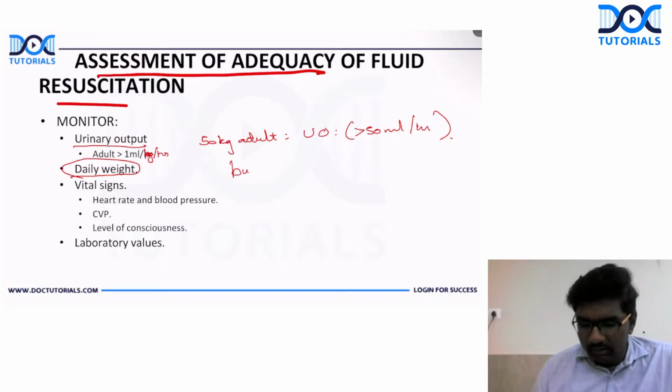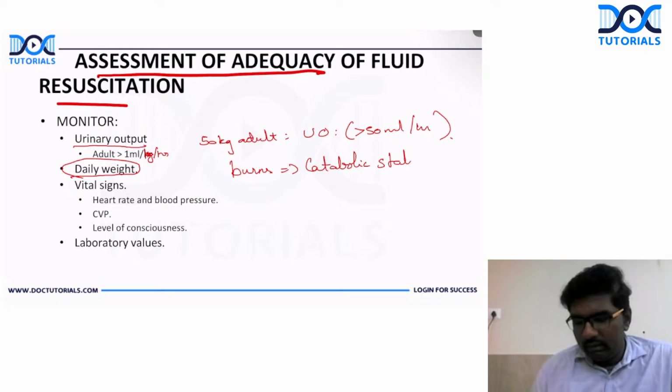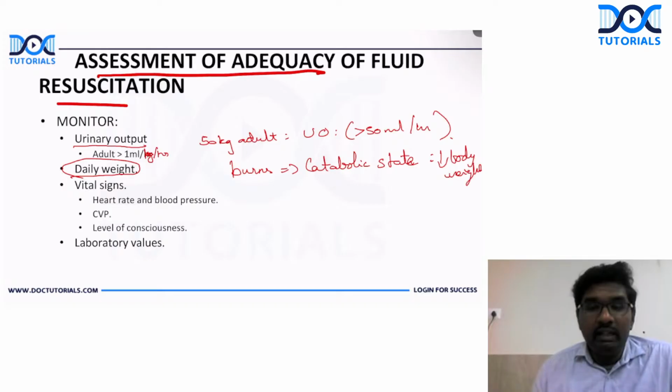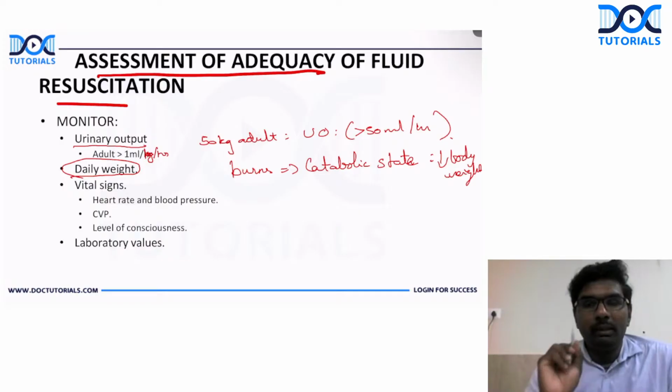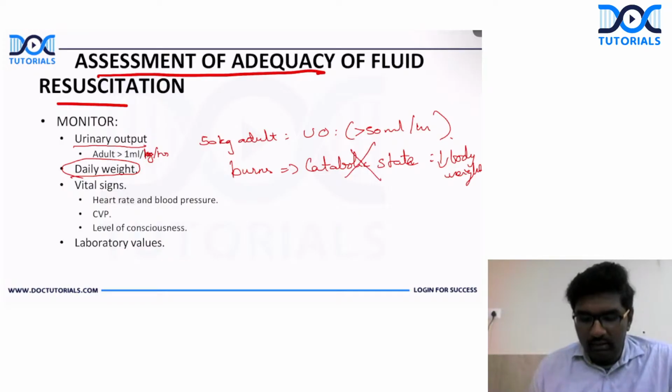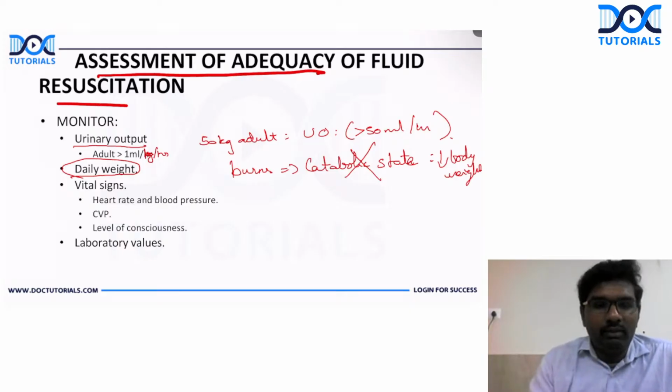Burns is a catabolic state, which will cause reduced body weight, and adequate transfusion of colloids and IV fluids will break this catabolic state and make the patient turn into an anabolic state and gain weight.